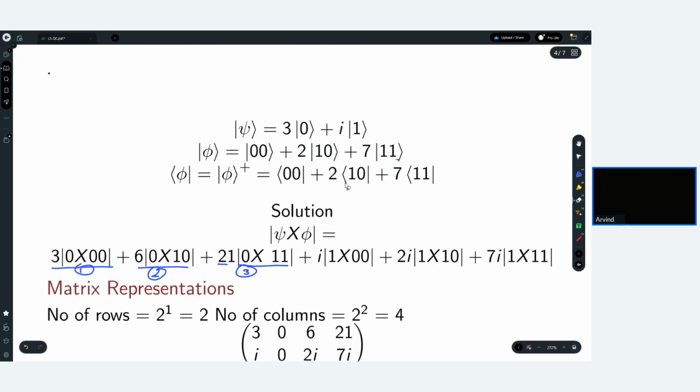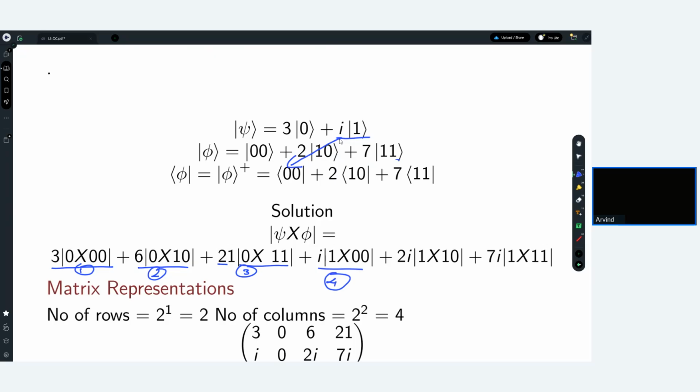Now similarly, we will multiply the second term from the psi function with all terms from the second function. So the second term from the psi function is I Ket1. Multiply I Ket1 with bra 00 and we will get I times 1 cross 00.